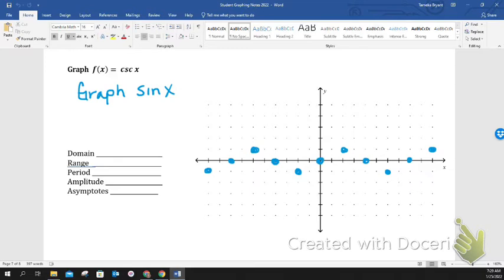So remember that whenever sine equals 0, cosecant equals 1 over 0. So just like with the last one, I want you to draw your asymptotes in every place where you have a point at 0. So go ahead, draw your asymptotes.